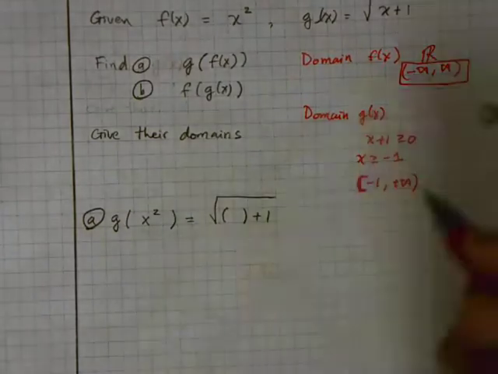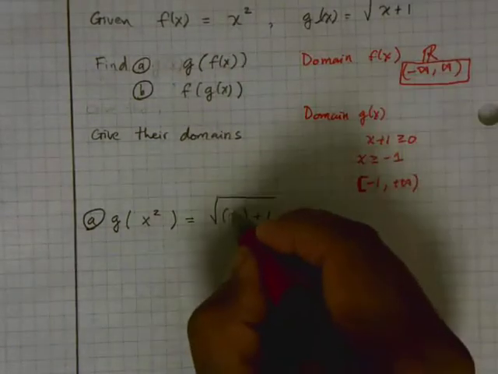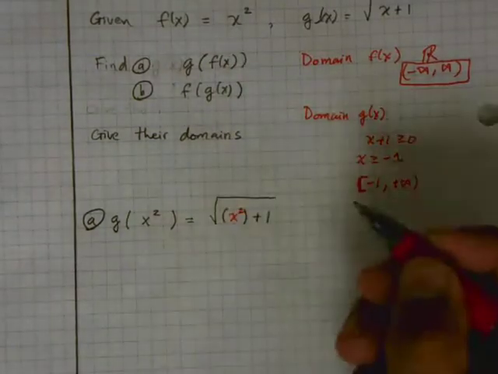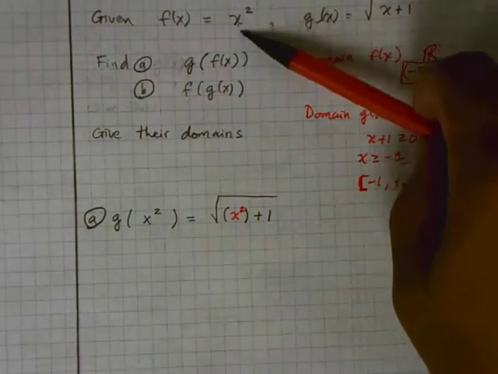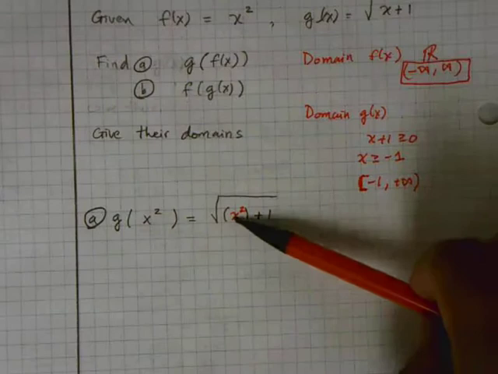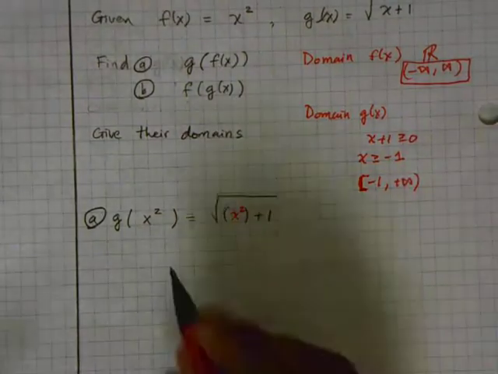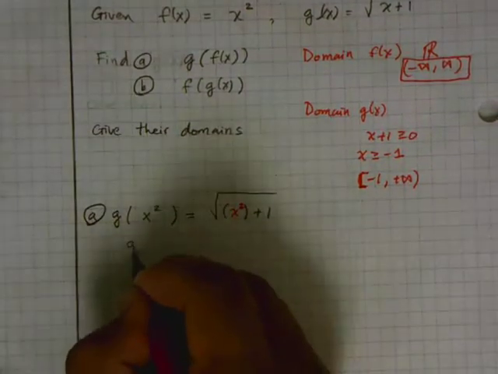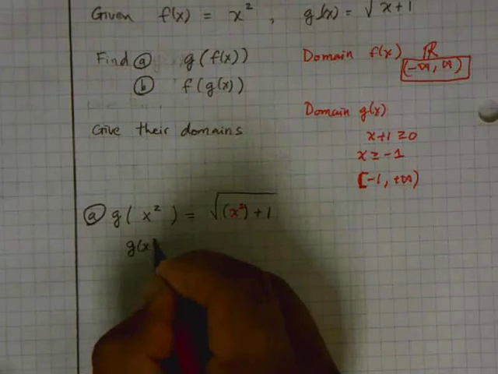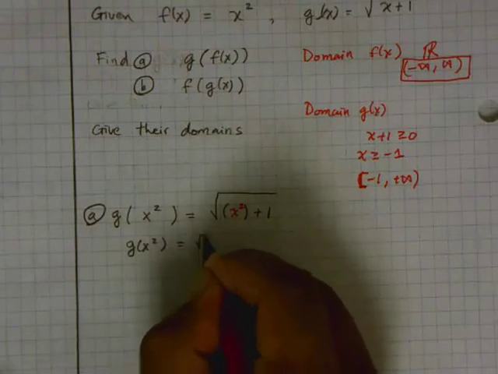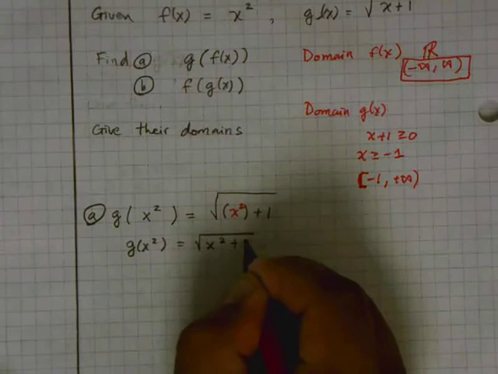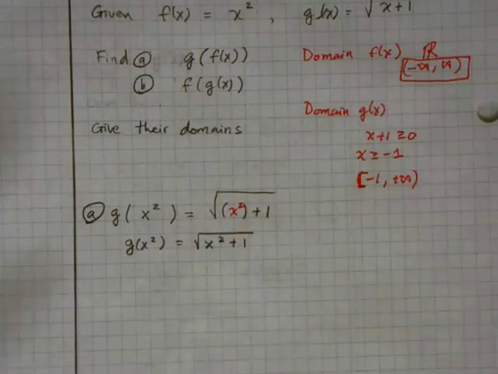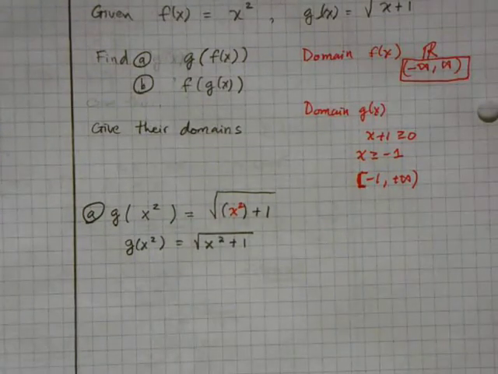So in this case, I'm going to write x squared. So I take f of x, which is x squared, and I replace the x in g of x. And then let's just simplify this. This is equal to the square root, and this just gives me x squared plus 1. Okay? So it's got to be square root of x squared plus 1.